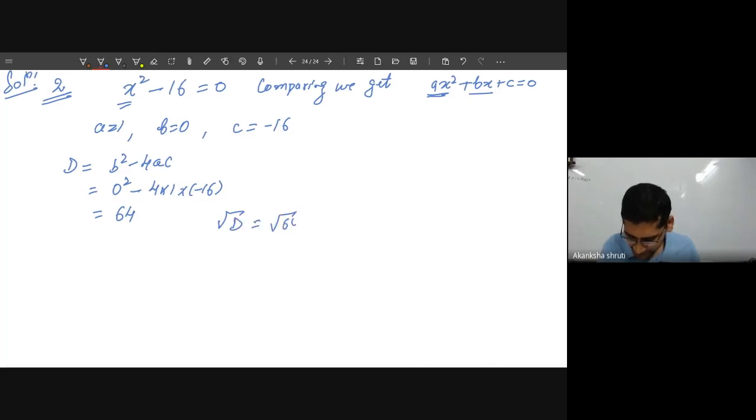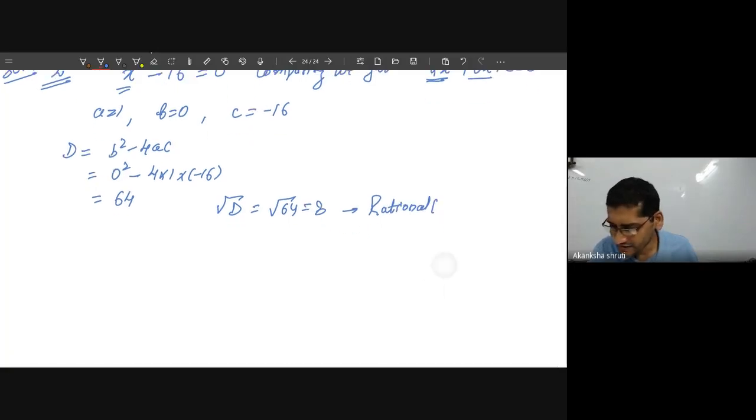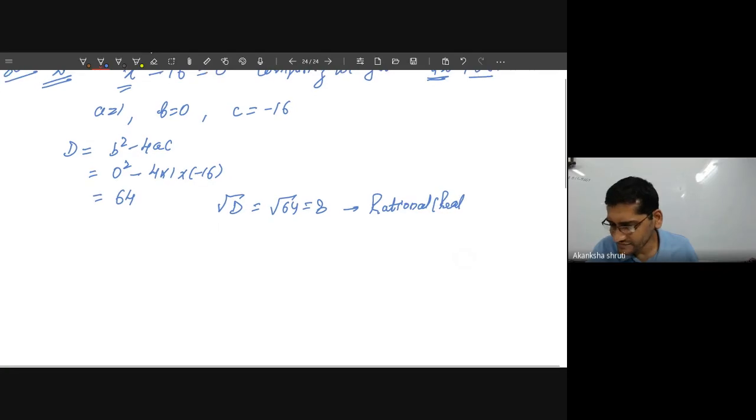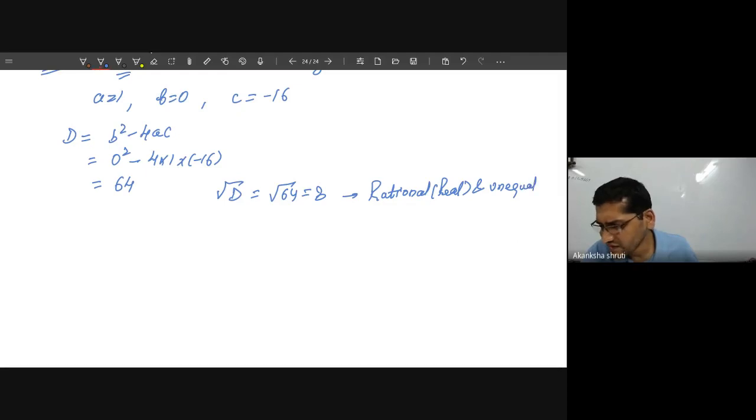Under root of 64 is 8. Means it will be rational and unequal roots. Rational means it is real itself, and unequal, that is the condition.